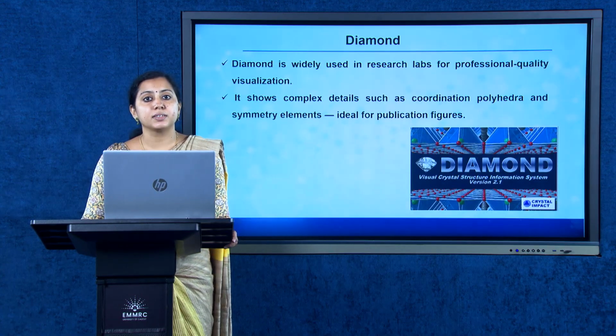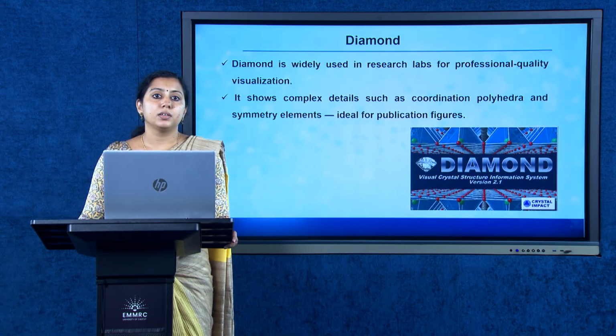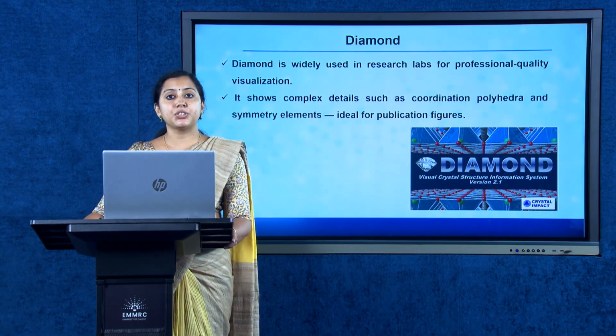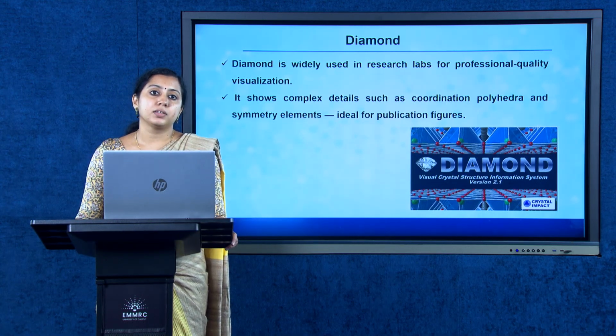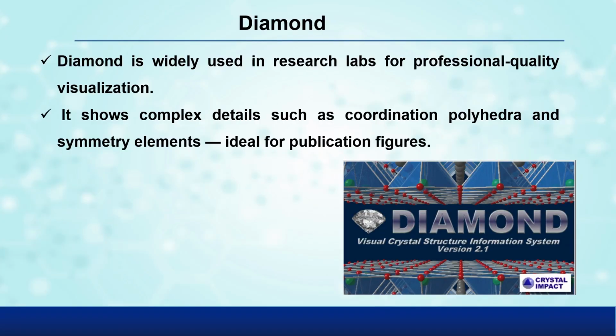Another software is Diamond, developed by Crystal Impact. Diamond is widely used in research labs for professional quality visualization. It is generally used for more advanced level structure analysis. It shows complex details such as coordination polyhedra, symmetry elements, and it can generate publication quality figures.